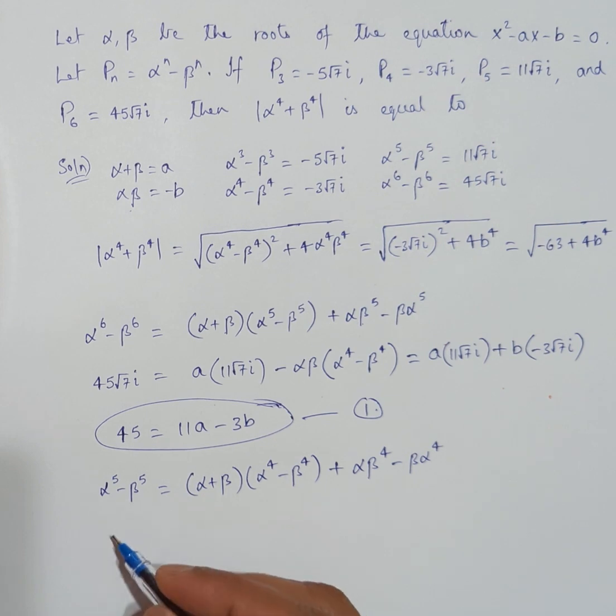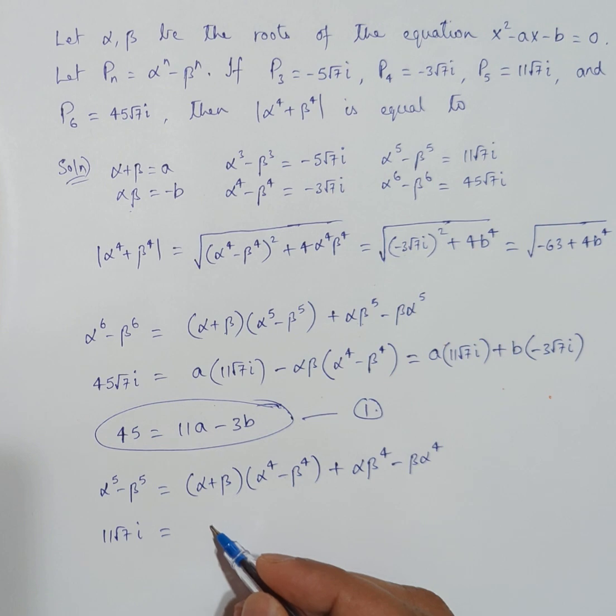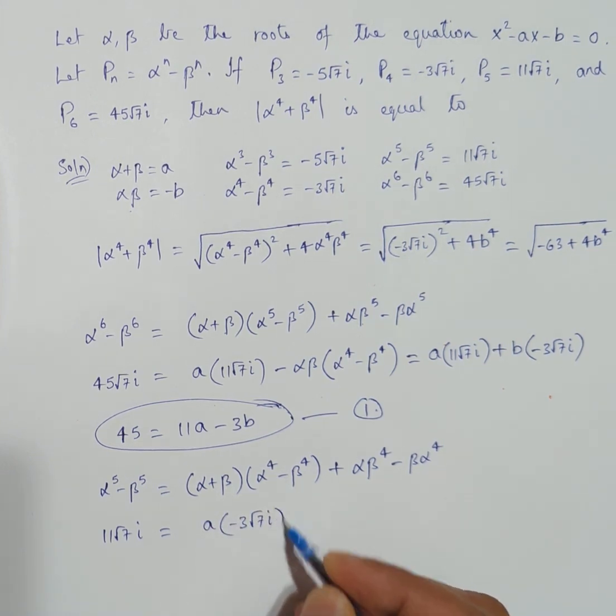So plug this in: 11 root 7i equals, this is a, and this is negative 3 root 7i.